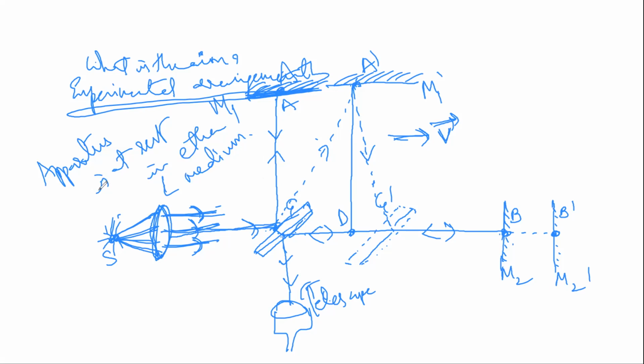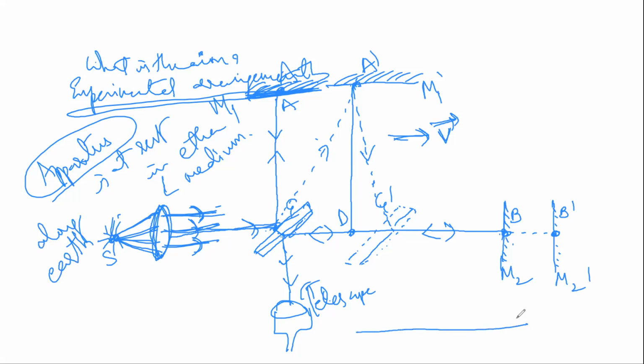But you know that the entire apparatus is moving along with the Earth, right? So let us suppose this entire apparatus is moving in the direction of the Earth, like it spins. If the Earth is spinning in this way, this apparatus is also moving in this way along with the Earth.